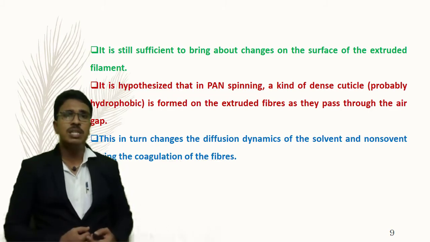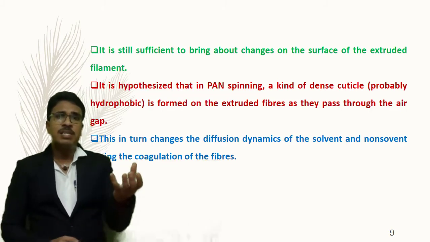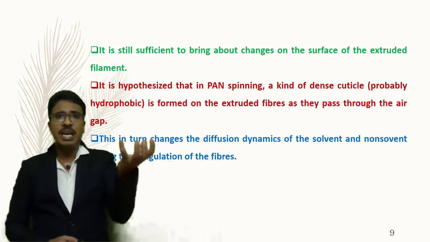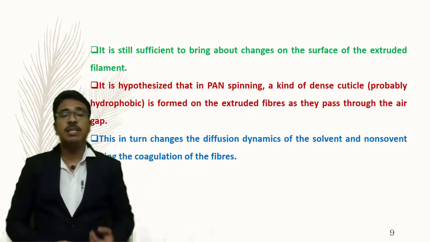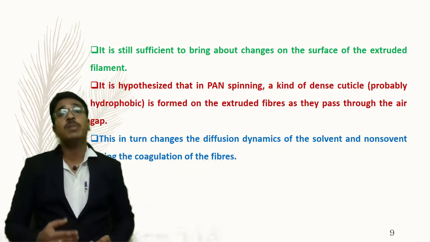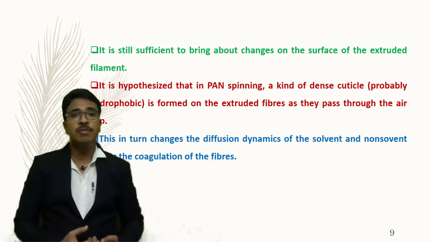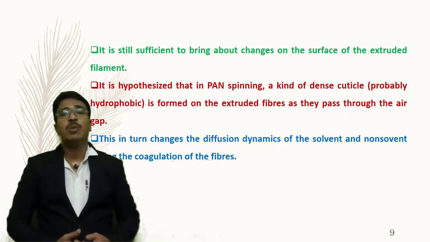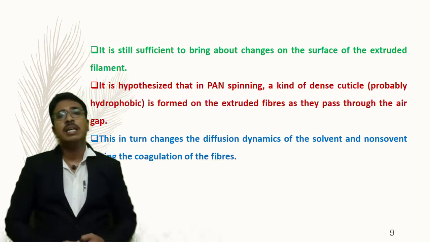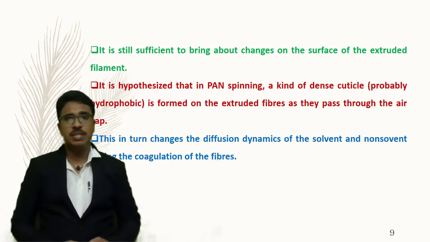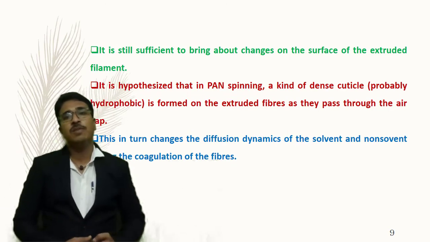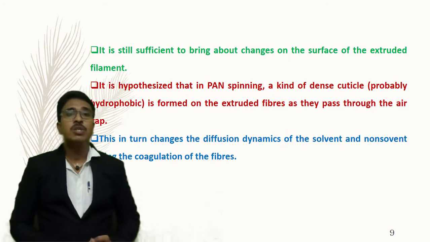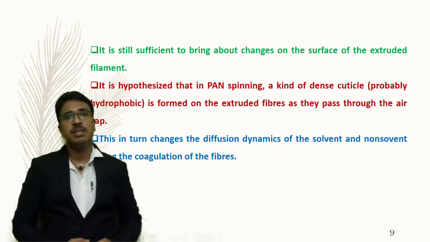So here what is happening is that the filaments are initially subjected to a certain air gap, where they are subjected to heated gases, which makes the fibers probably hydrophobic, that is, maximum orientation and maximum changes take place at this air gap distance. So thus it in turn changes the diffusion dynamics of solvent and non-solvent during coagulation of the fibers. Understand?